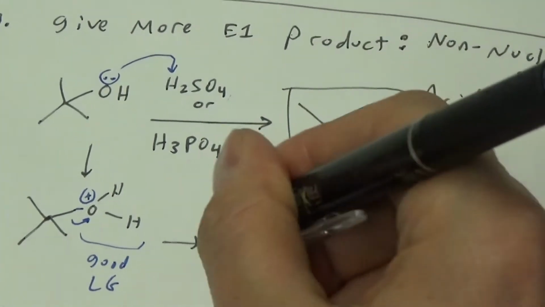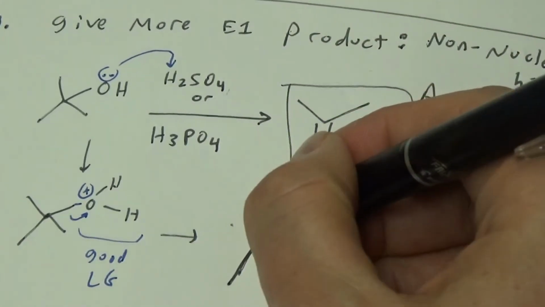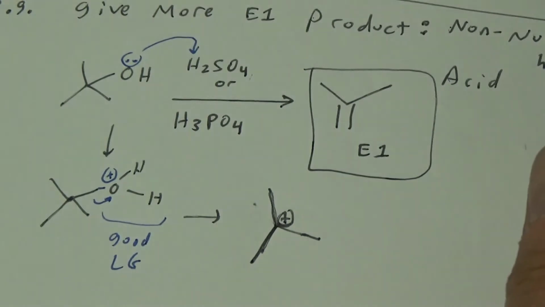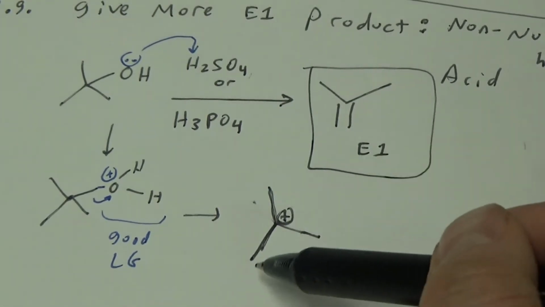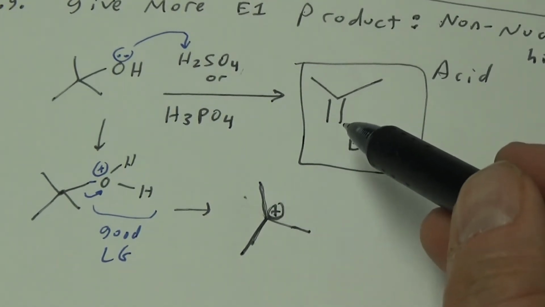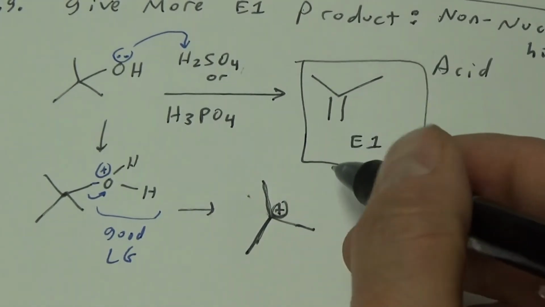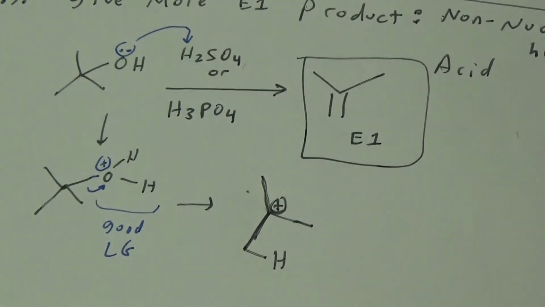Maybe I'll draw it a little differently. Alright, we have a nice carbocation now. And how are we going to make this product? In this case, I can take any of these three protons off. Maybe I'll take the bottom one off so it sort of corresponds to this. But that's what E1 is, just forming an alkene. So let's take this proton and who's the base going to be?